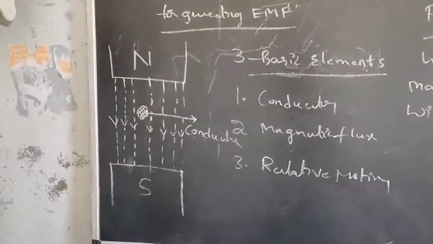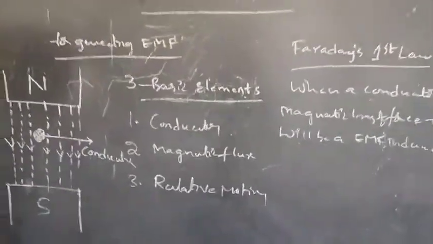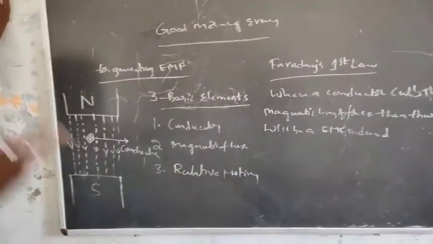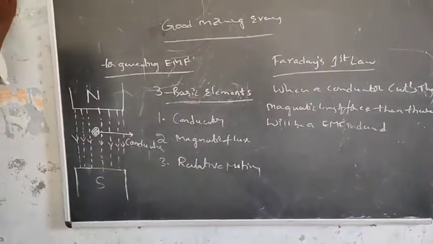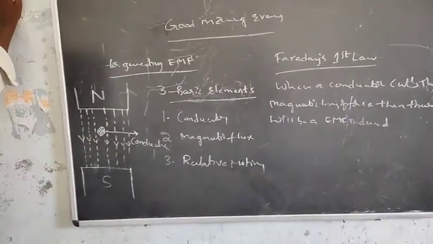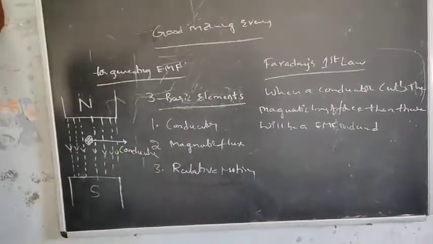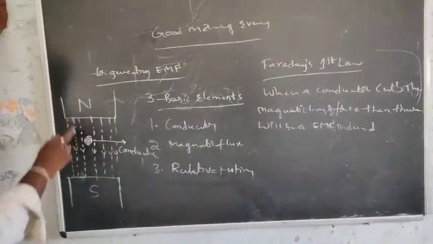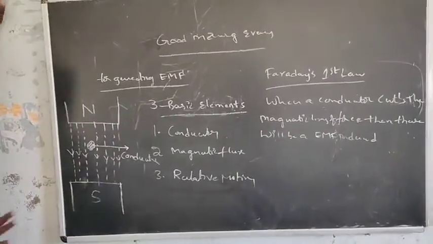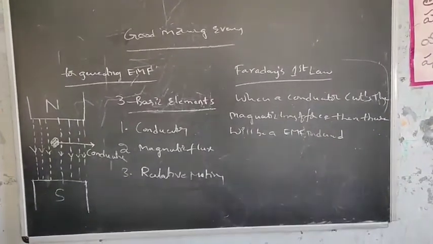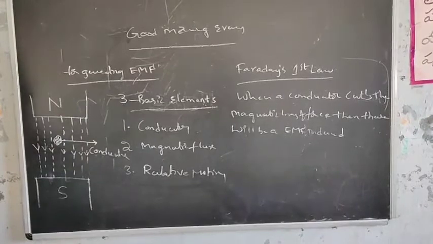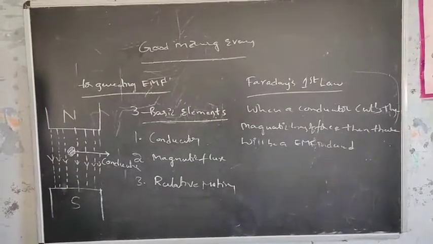Faraday's first law says whenever a conductor cuts the magnetic lines of force, there will be an EMF induced. The basic elements are conductor, magnetic flux, relative motion. What does relative motion mean? There is a physical rotation.